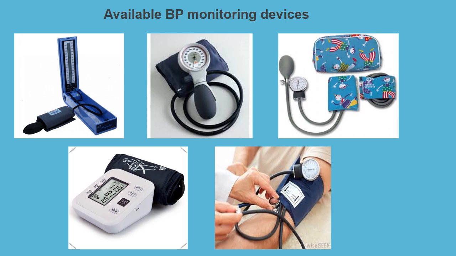Some BP apparatuses come with different patterns, so that they don't give a bad impression to the children. As you can see, on the right side we have the blood pressure apparatus with the blueprint.